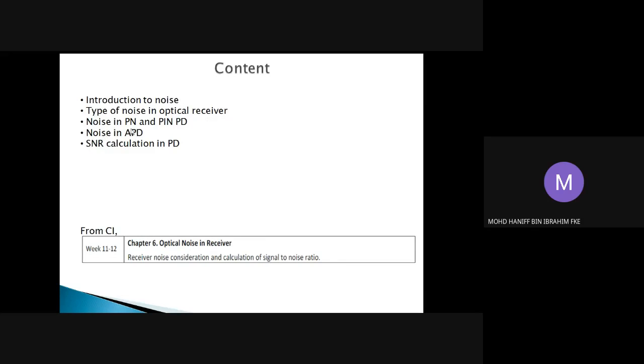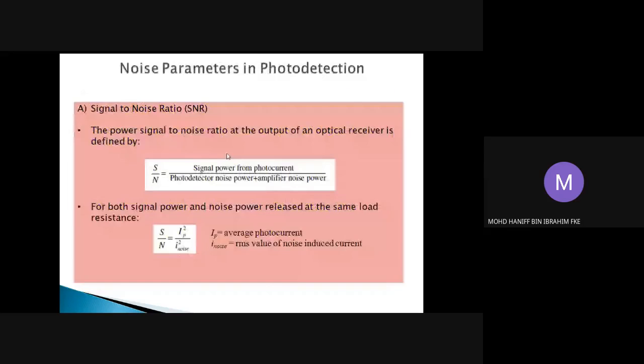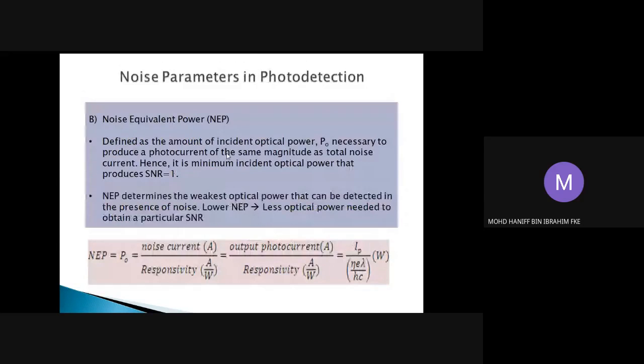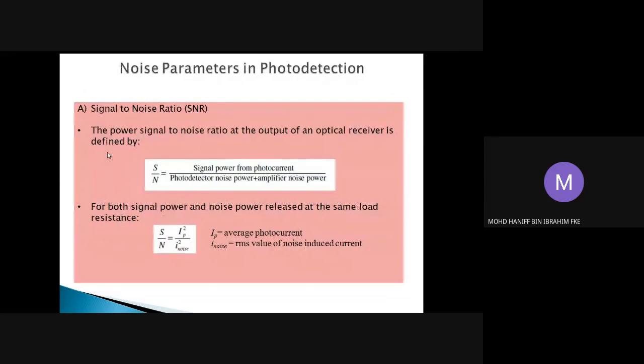We have also learned about the noise in PN and PIN photodiode, together with the calculation of signal to noise ratio in both. Basically, these are the things that I taught you last lectures, how to calculate the signal to noise ratio, the SNR.